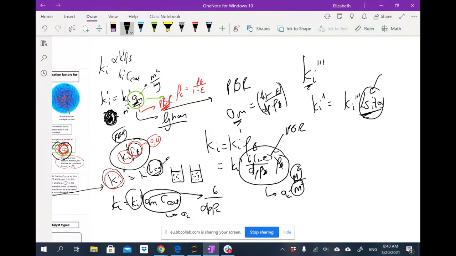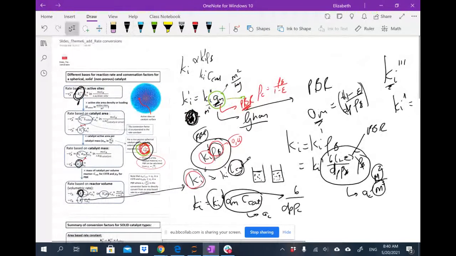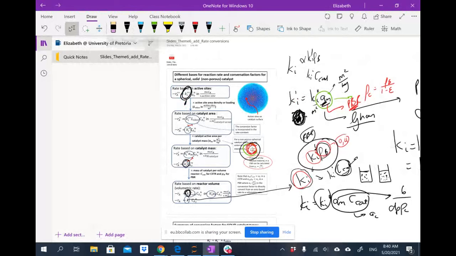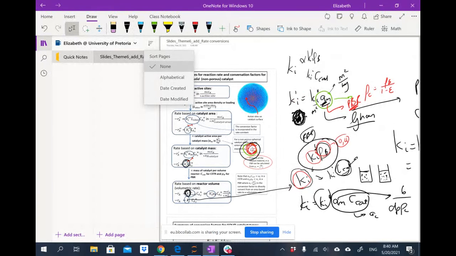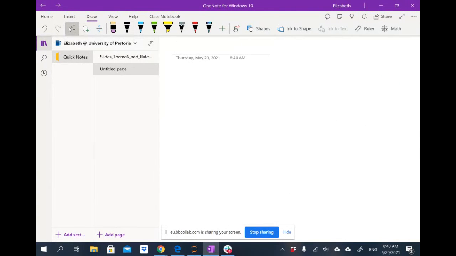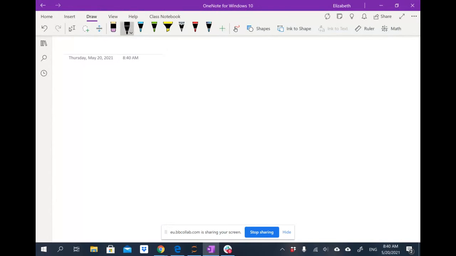So why are we doing all this, and how are you going to use this in your TAT? So let me get a new page here so that I've got a clean page. There we go. So we want to, for instance, say Ki in a CSTR. What is it proportional to? When will it change? It will change if I change.